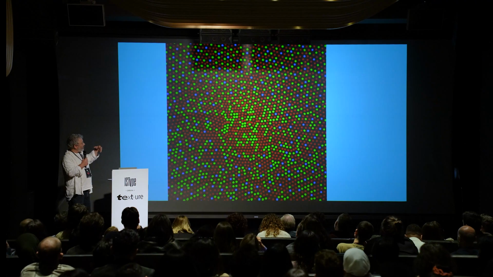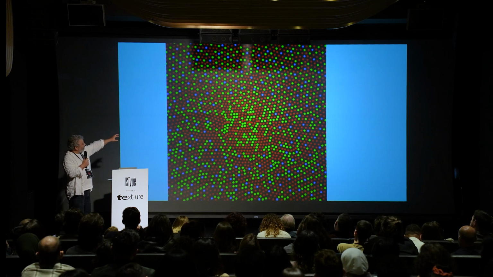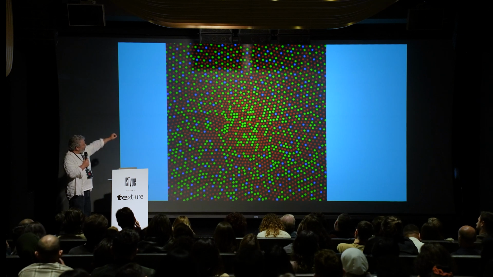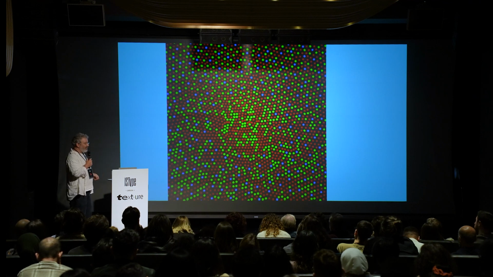This is kind of a computer interpretation of the rods and cones inside the eye. These are the cones for sensing green light, red light and blue light. It's interesting that in the middle, it's all just red and green.